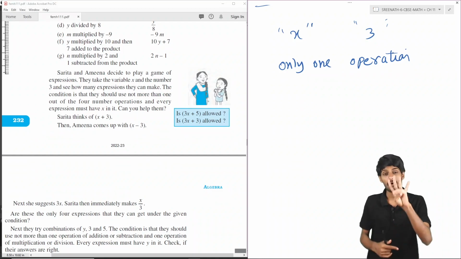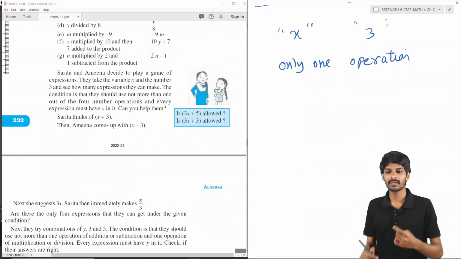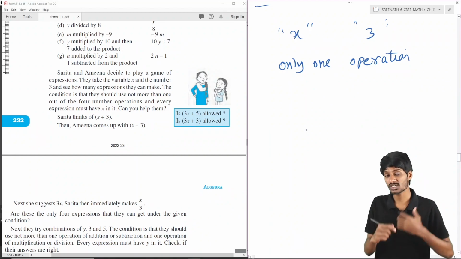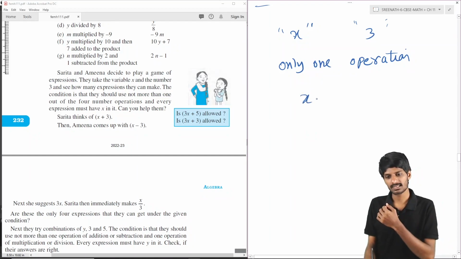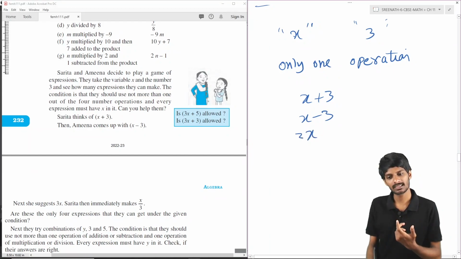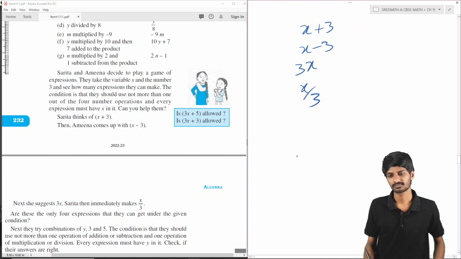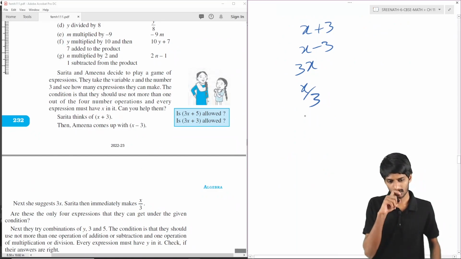You have to use only one operation, and you have to use both the variable x and the number 3. How will you do this? How many expressions will you get? We can add them, we can subtract them, we can multiply them, we can divide them. Like that you will get, friends. So 3 by x, like that also you can do, friends.